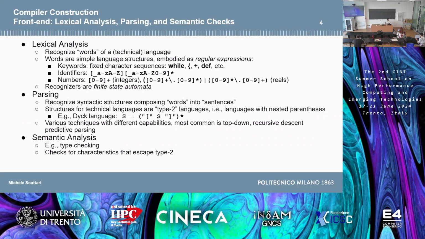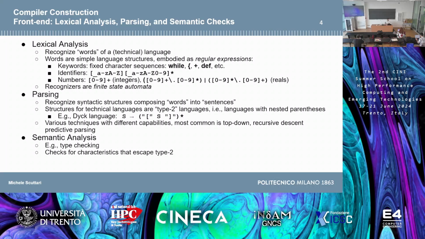There is just one more element, semantic analysis. The reality is that parenthetical structures are unfortunately not sufficient to represent programming languages. All programming languages have context-sensitive features. What does it mean?